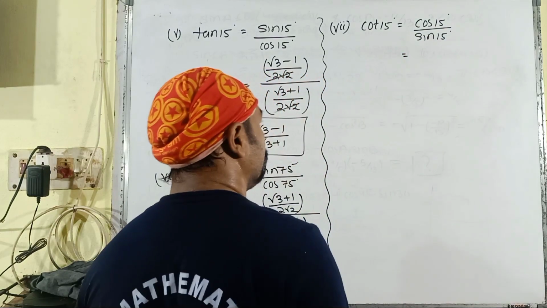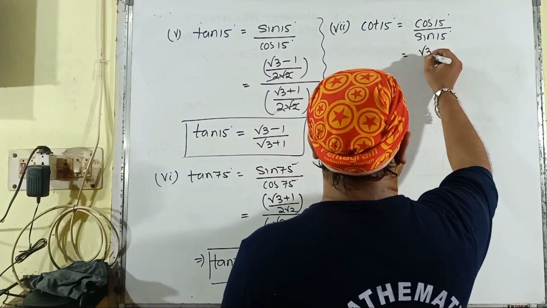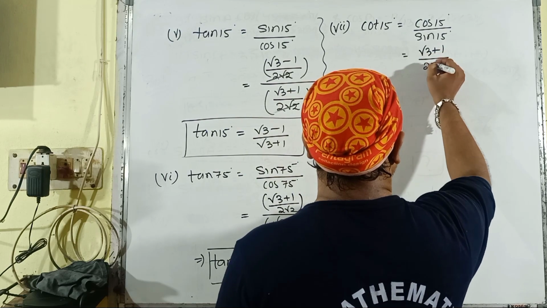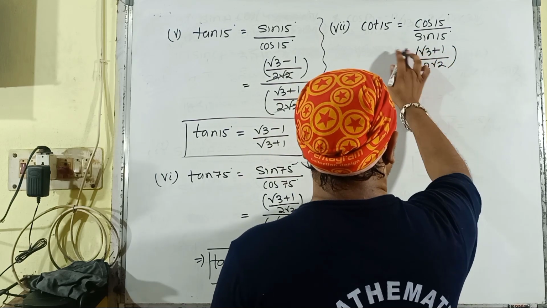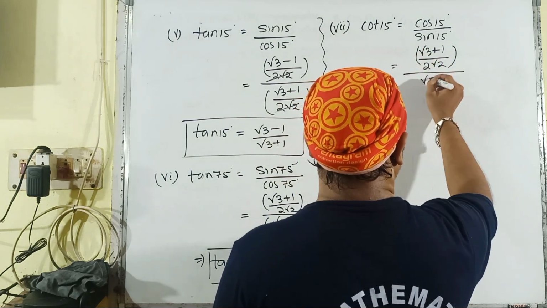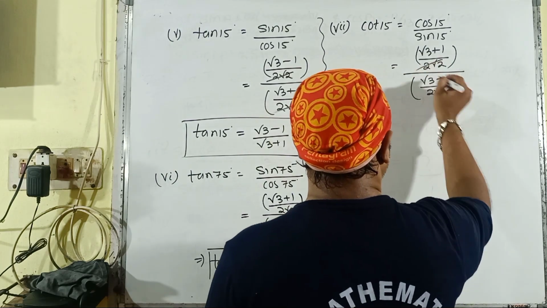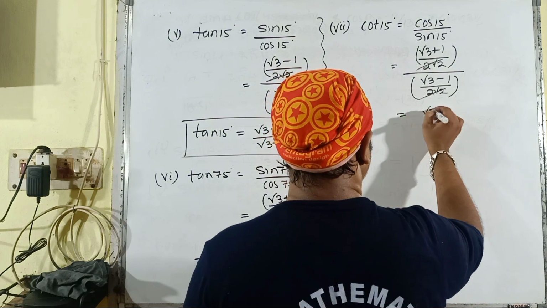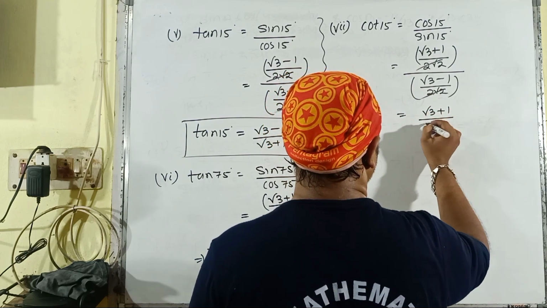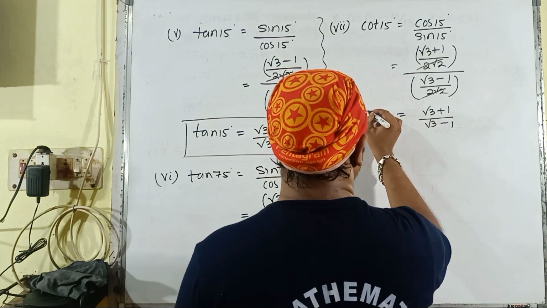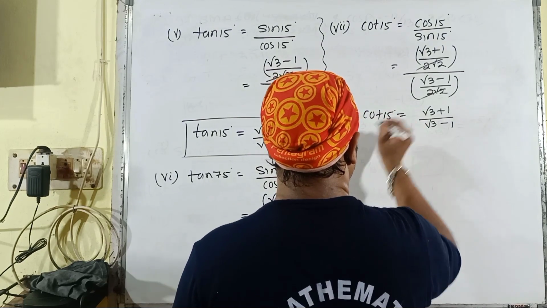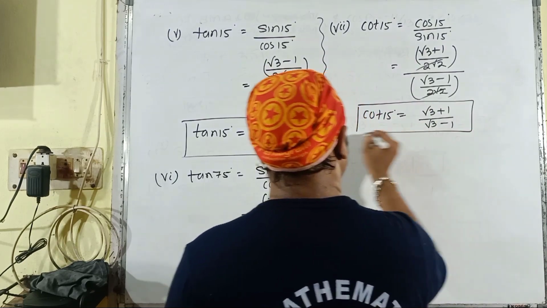The value of cos 15 degree is root 3 plus 1 divided by 2 root 2 whole divided by root 3 minus 1 divided by 2 root 2. Cancelling both of the common denominators, it is root 3 plus 1 divided by root 3 minus 1, and it is the value of cot 15 degree.